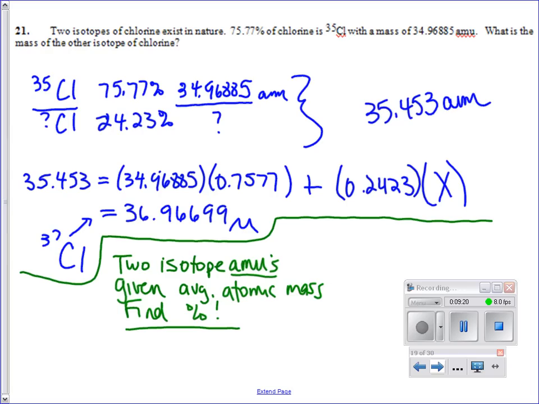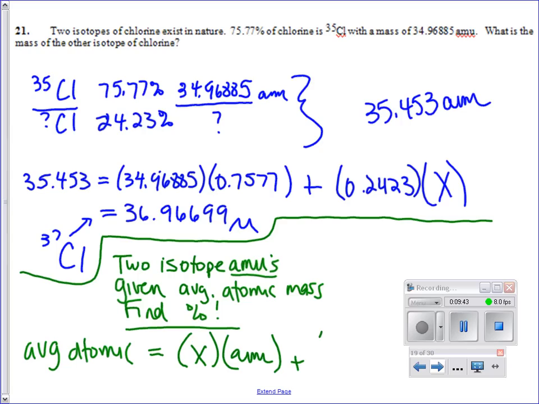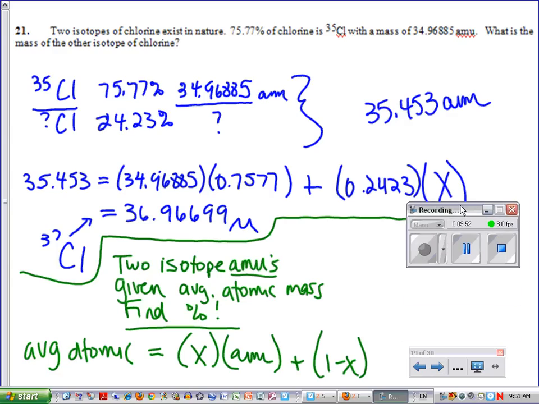Good. X would be one of them, but since we're in decimals, not percent, what's 100% in decimal form? 1. Right. So you're going to have your average atomic mass, and you're going to set that equal to the first percent, which you don't know, times the AMU of that first isotope, plus 1 minus that, because both of them added together equal 1, which is 100%, times the AMU of the other isotope.